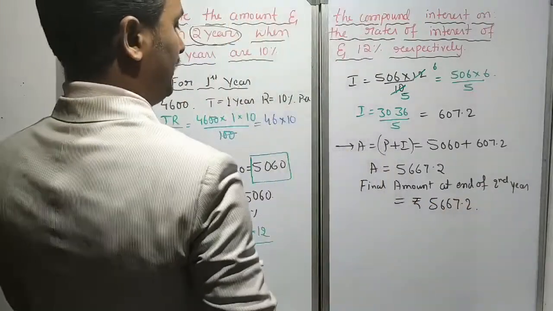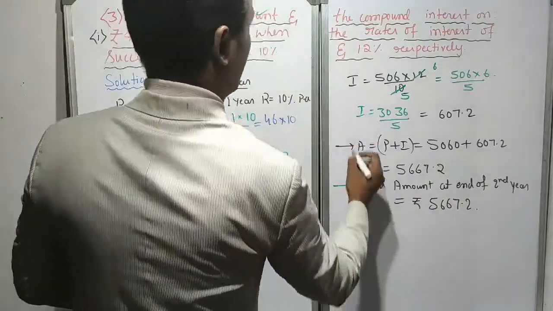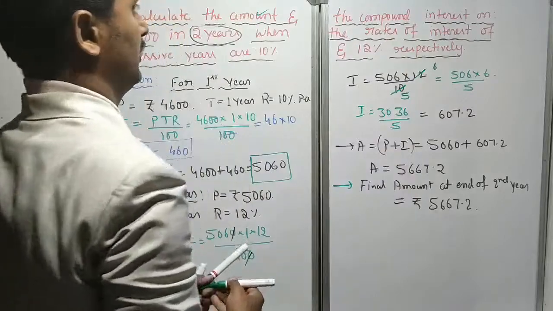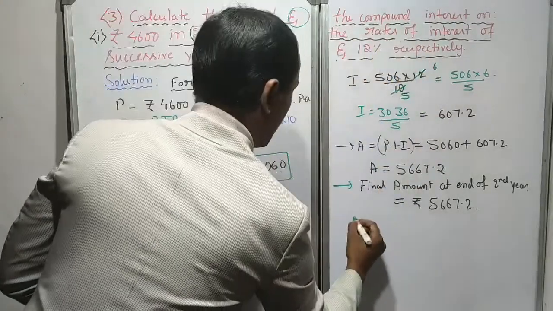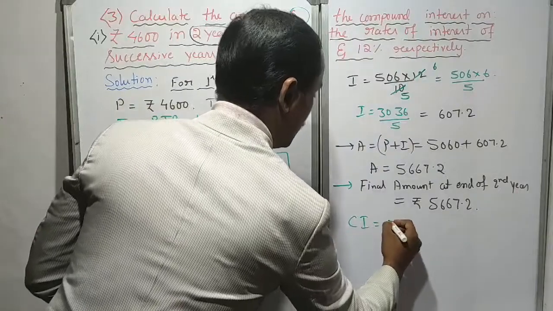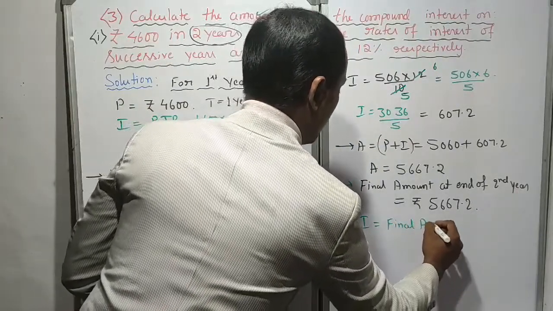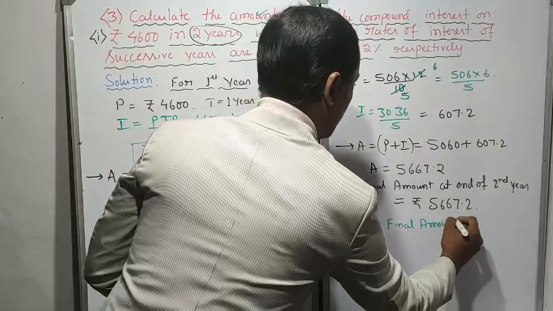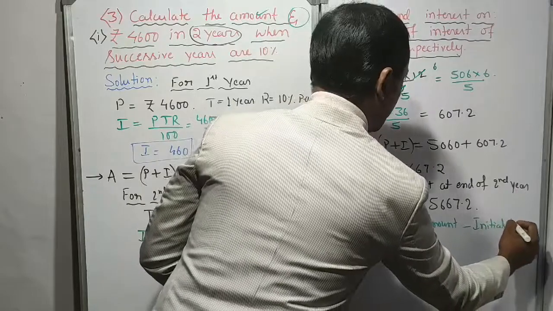This is the conclusion of the amount. Then I want the compound interest. Compound interest is equal to the final amount minus the initial principal.